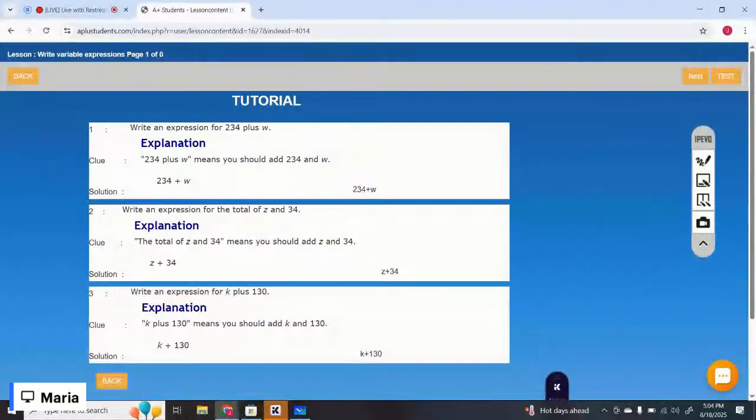Write an expression for 234 and W. 234 plus W. You need to write it with a mathematical sign, right? So you can write it as 234 plus W. Let's just start with the test question.